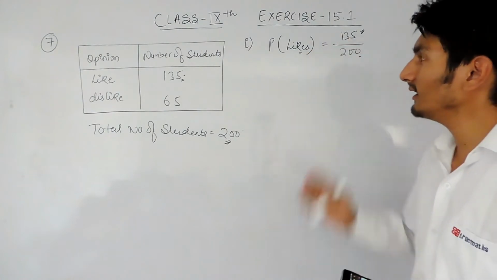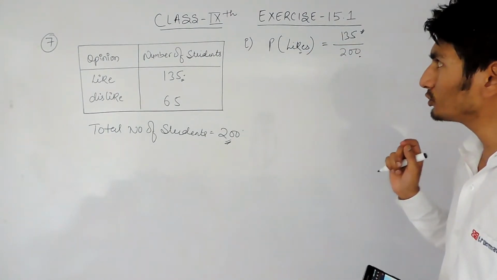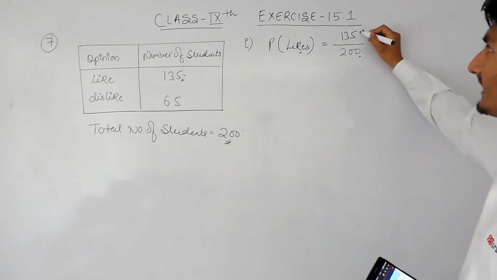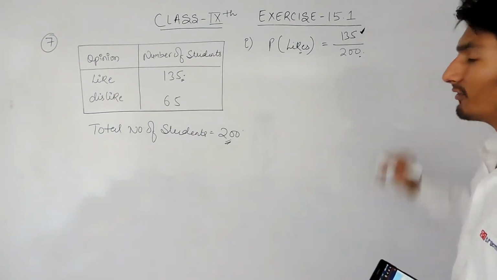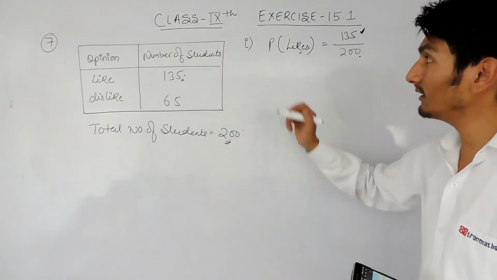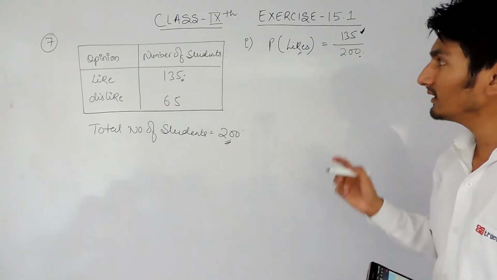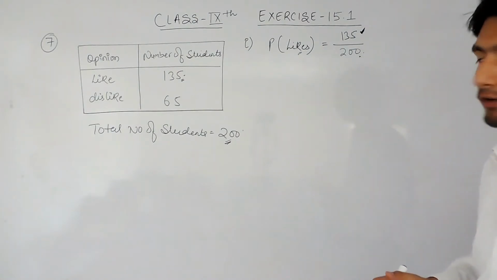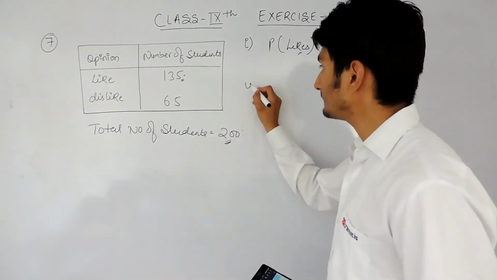The probability of the students who like this subject would be 135 upon 200, that is, the number of trials in which this event has occurred, the event being liking the subject, upon the total number of trials.